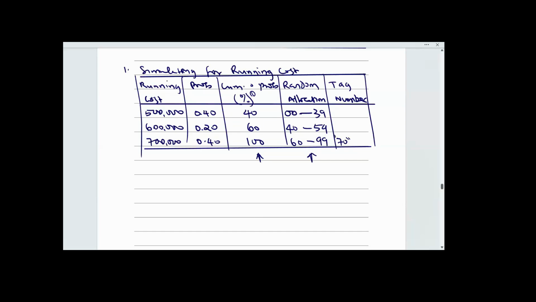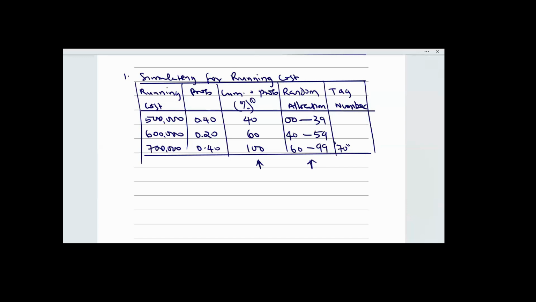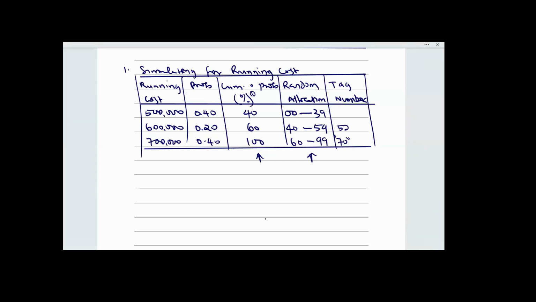Next tag number is 52. Where does 52 fall? 52 is there. And the last tag number is 90. 90 will fall in the last row. So nothing goes to the first row. With this, we have simulated for running cost.